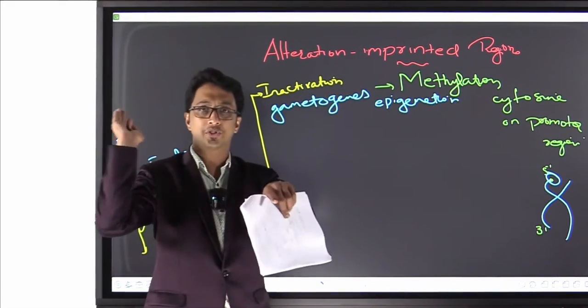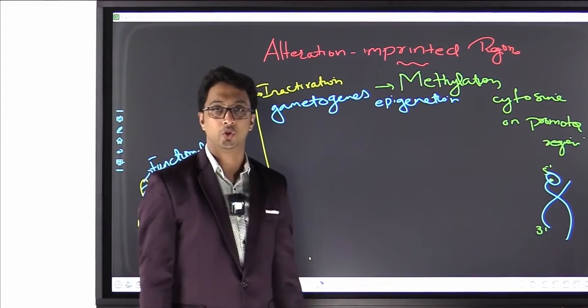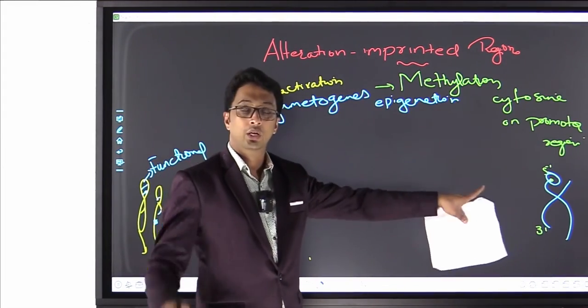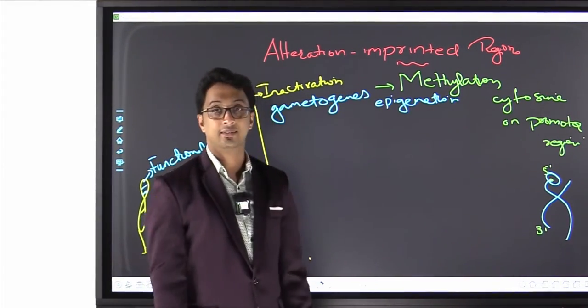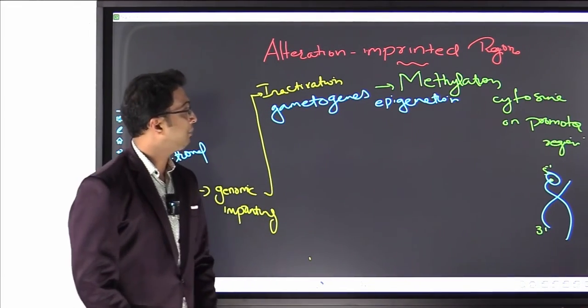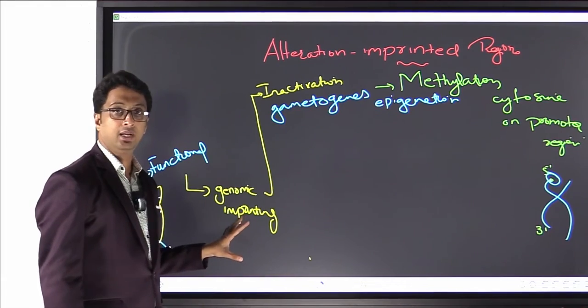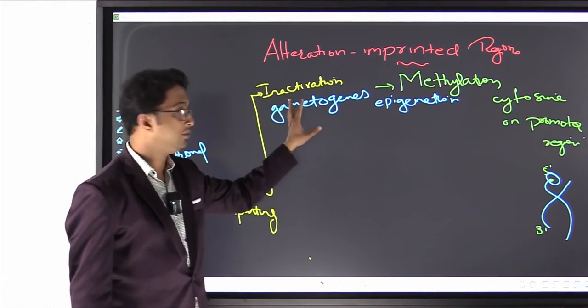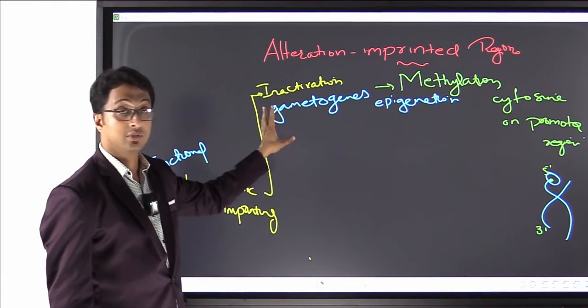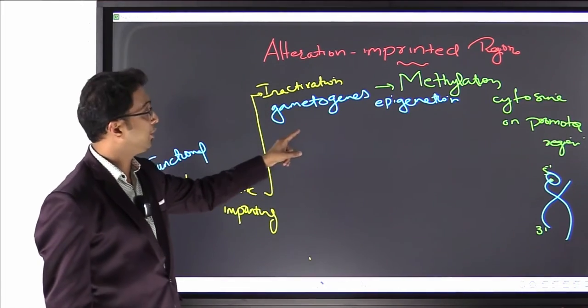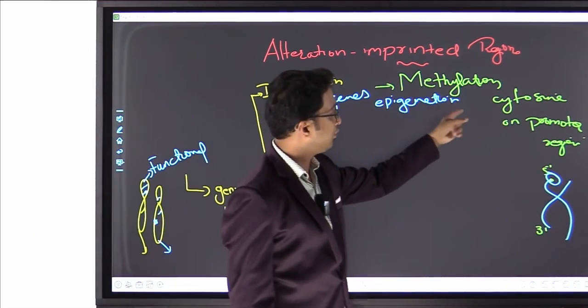A methyl group gets attached to a cytosine residue there, and this inactivates that particular gene. So that's the epigenetic process, and that process is known as genomic imprinting: inactivation of certain genes during gametogenesis, due to methylation of cytosine residues in the promoter region.